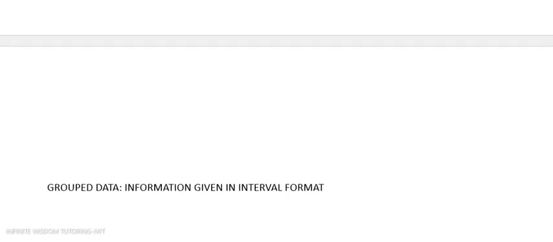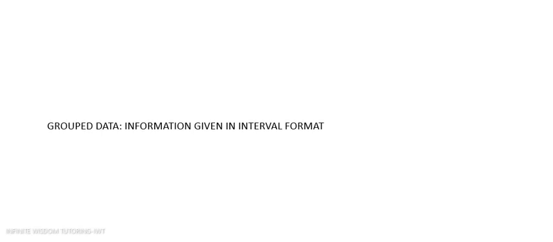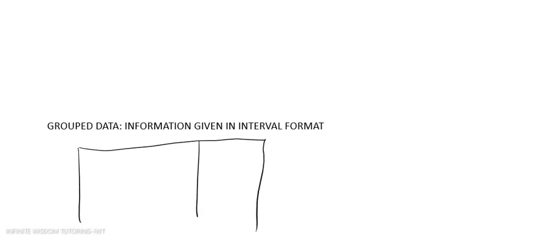Going forward, we also have what we call the grouped data, which can be that a number of people were picked at random and their age was asked, but when recorded, it was not recorded in the format of individual digits or individual numbers. Rather, it was recorded in the form of intervals.